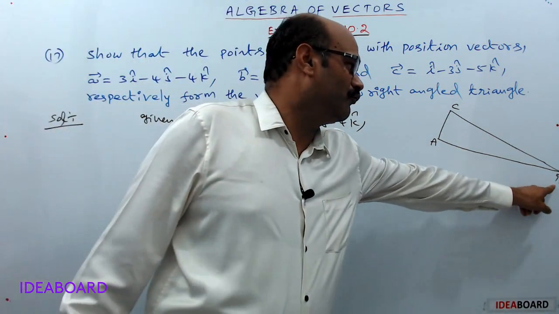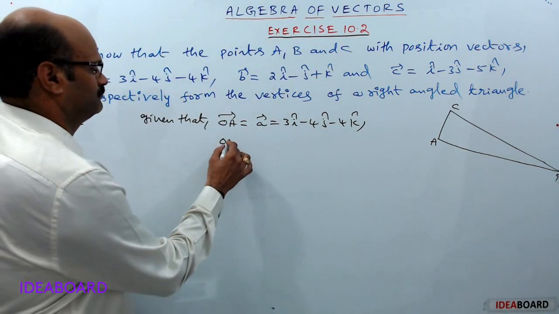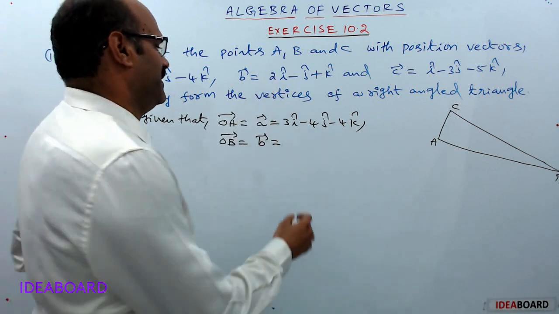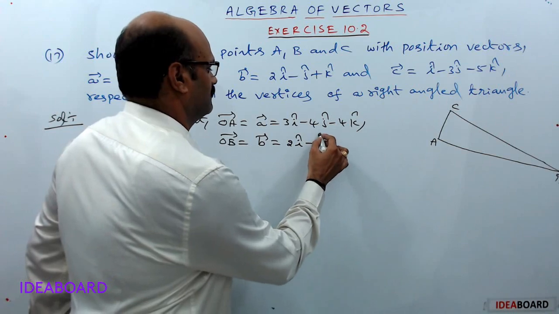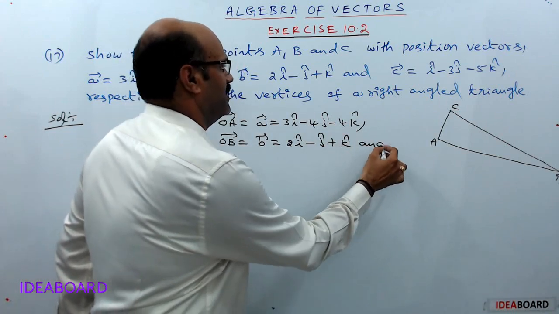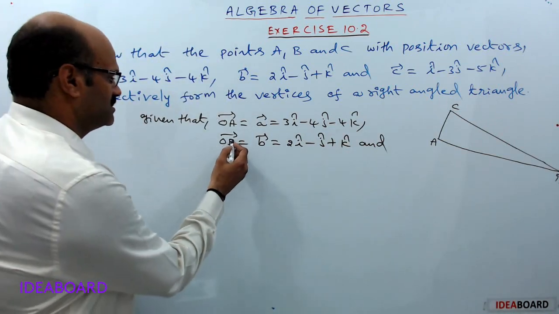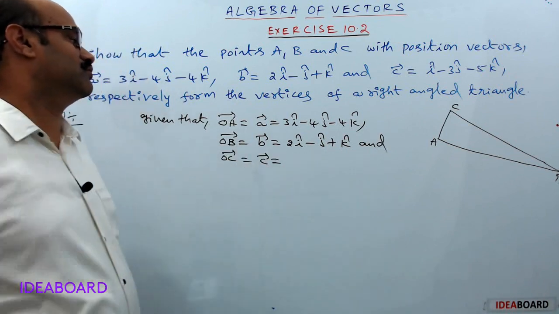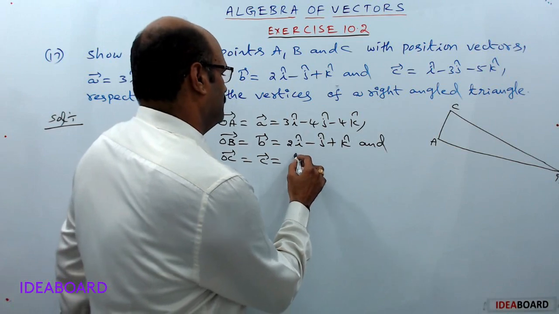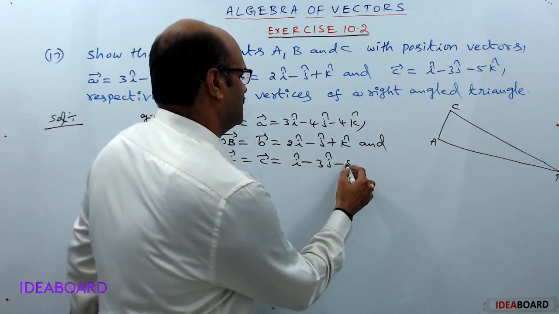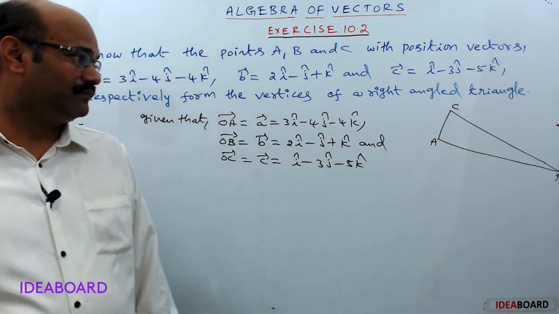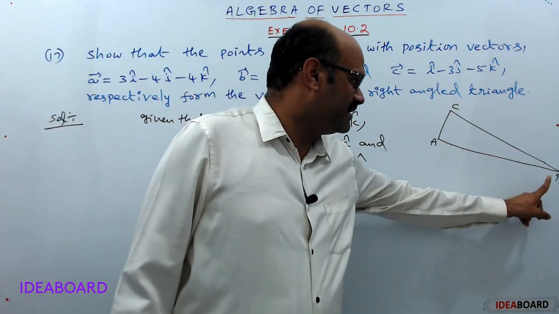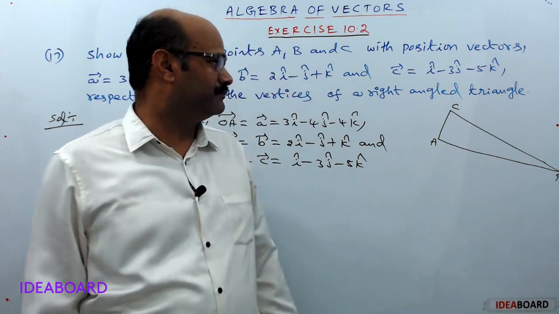B vector equal to OB vector equal to 2i cap minus j cap plus k cap, and OC vector equal to C vector equal to i cap minus 3j cap minus 5k cap. Now here we have to prove that the triangle ABC is a right angle triangle.